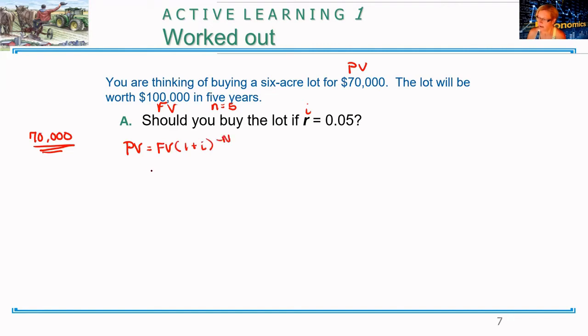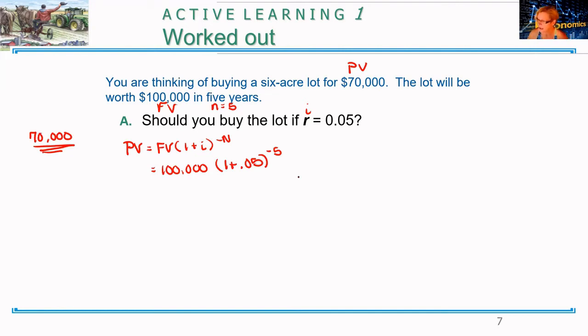So our future value here is 100,000. Our interest rate, or R, is 0.05. And we're going to take that to the negative 5th power. I'm just going to grab my calculator here and do that. Let's see, 1.05, 5, plus minus.